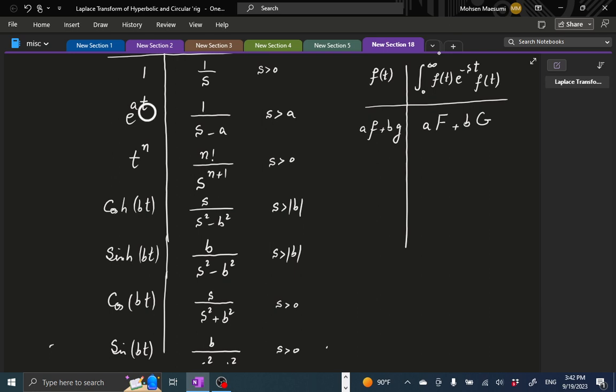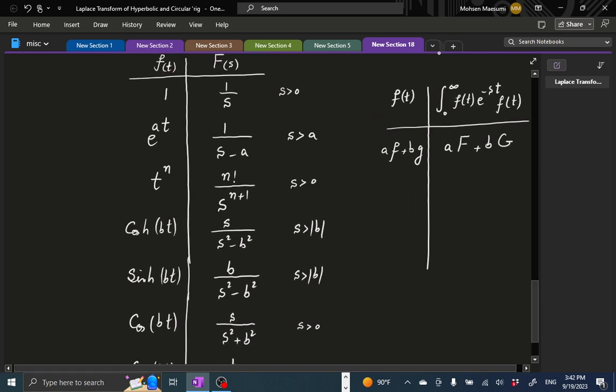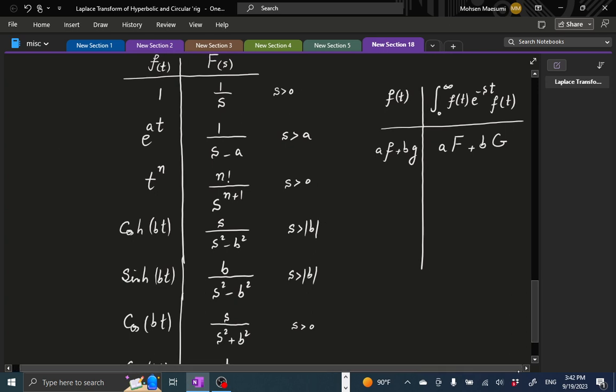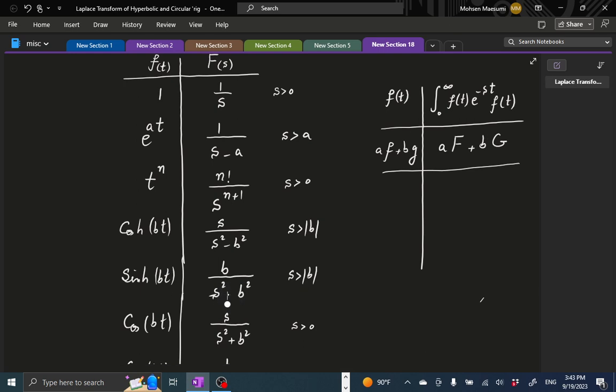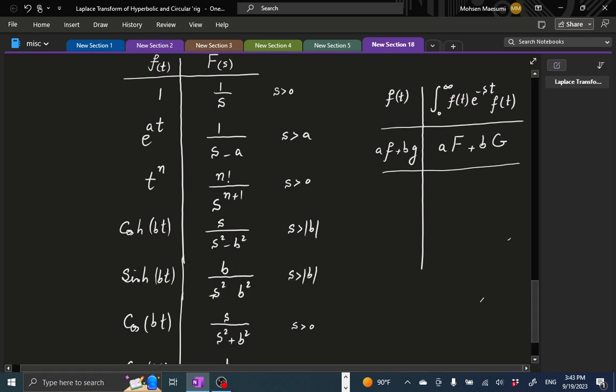So for example, you have an exponential and a polynomial, and they are added to each other. You take a Laplace transform of each of them, and then you simply add up their Laplace transforms. As rules go, that's pretty much the only easy one here. After that, everything else is going to become more complicated.